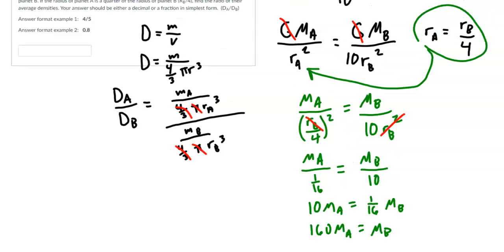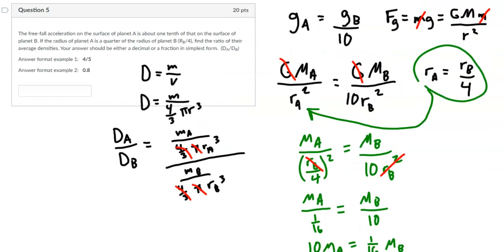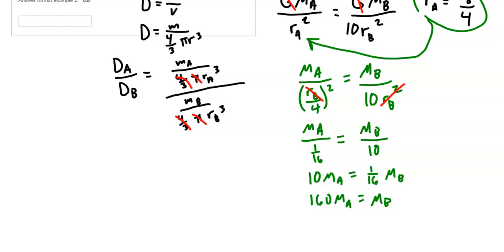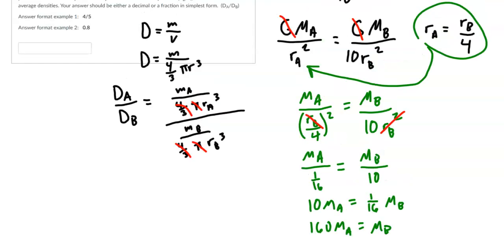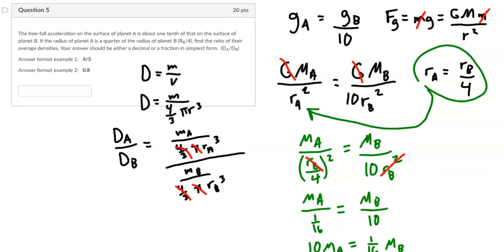All right. So now I have a way to express RB in terms of RA or vice versa, and I also have a way to express MA in terms of MB. So what that means is I can do a couple of substitutions. Again, I'm going to take this RA equals RB over 4 and put that here.